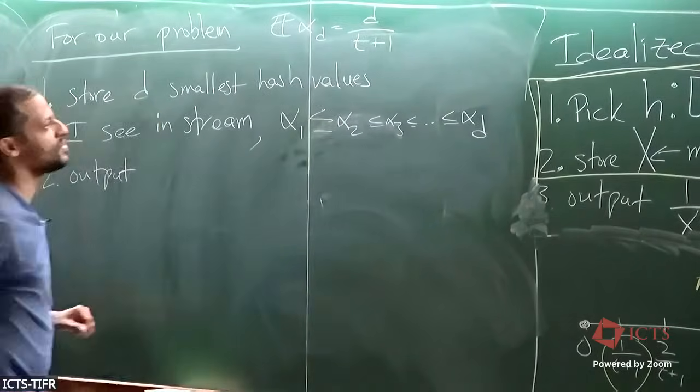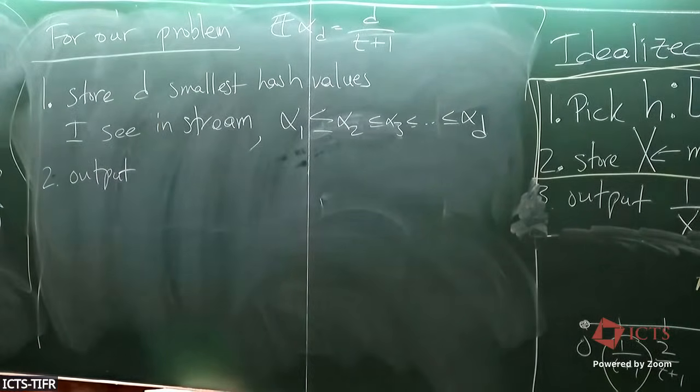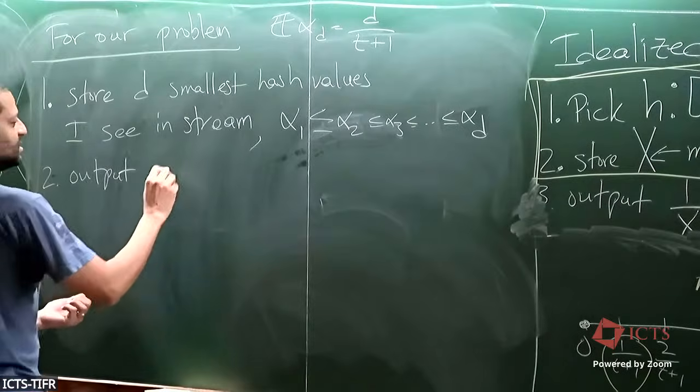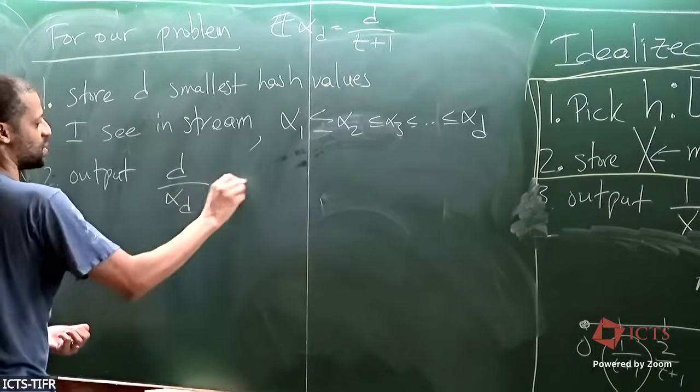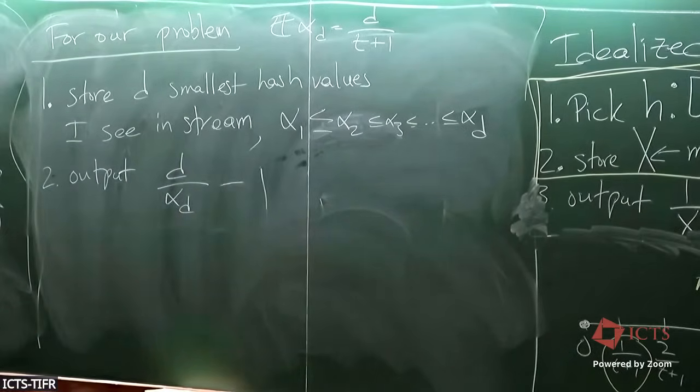So what I should do is take 1 over alpha d, multiply that by d: d over alpha d, minus 1. This again is similar to before. It has the right expectation.